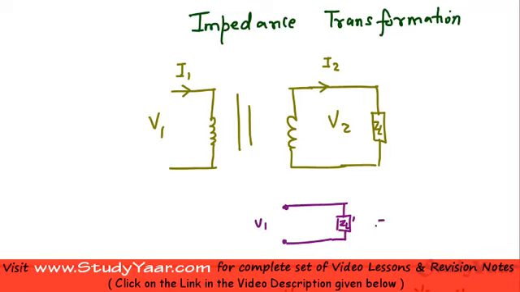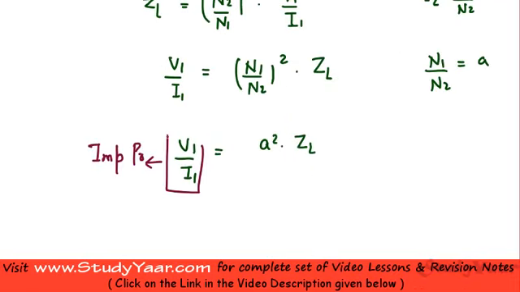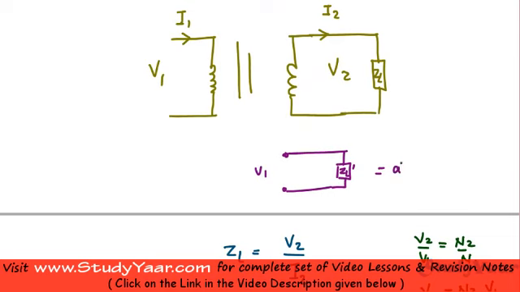Your impedance across your primary is V1 upon I1, which is A square into ZL. So your ZL dash is equal to A square into ZL. Now, let's say you want to find out your I1, then all you have to do is V1 upon this, and this would be your I1.